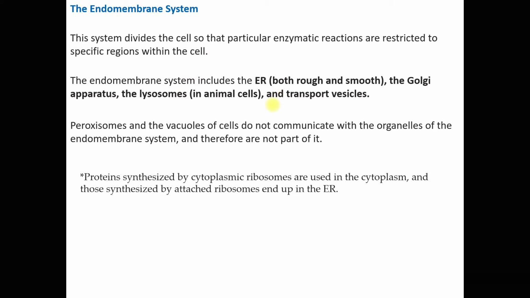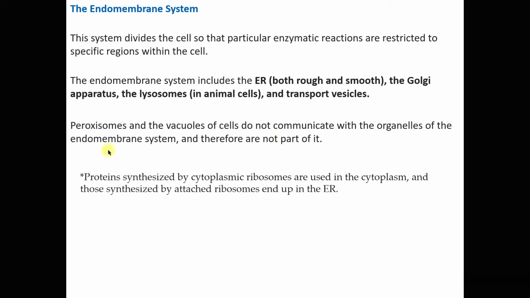Now, class, you might be wondering, what about the ribosomes in the cytoplasm? Those ribosomes in the cell cytoplasm synthesize proteins, very similar to the ribosomes on the rough endoplasmic reticulum.